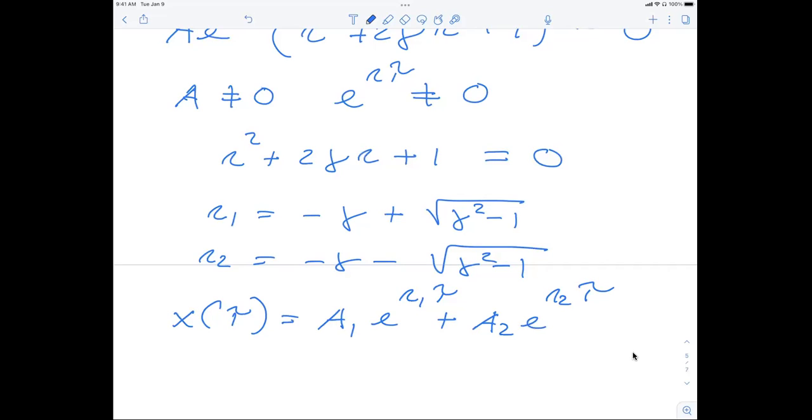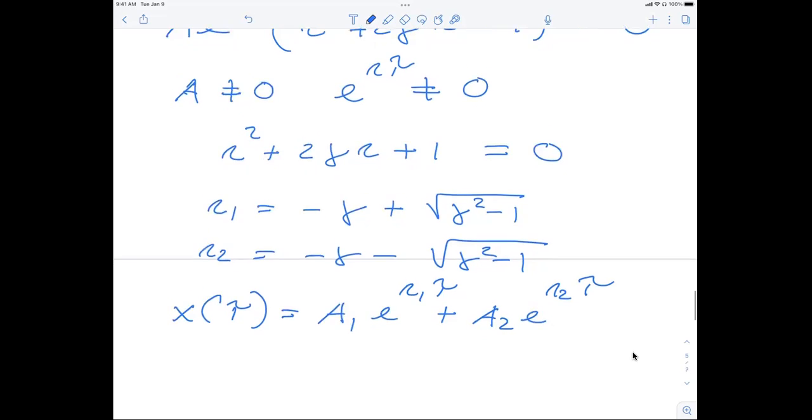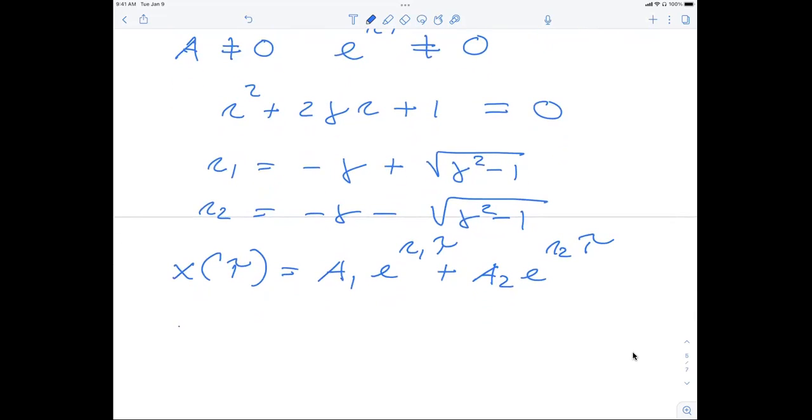We have to be a little bit careful then. Let me see if you can see why this is something we have to be a little bit careful with. So let's go back to the underdamping. When we did it numerically, we just fixed the value of this gamma to be less than 1.